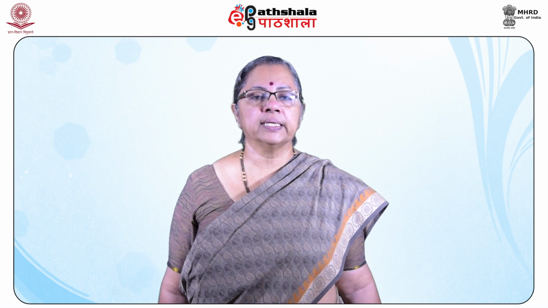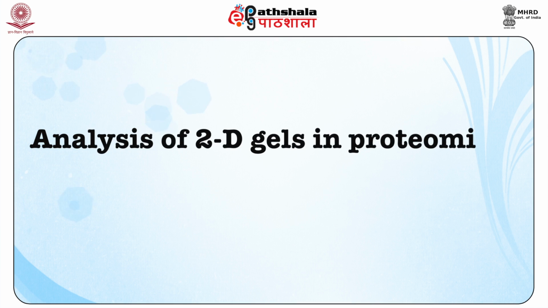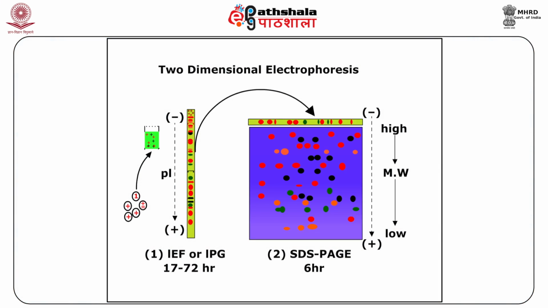Let us now analyze another kind of application which the MS-MS technique can be used for, namely analysis of 2D gels in proteomics. In proteomics research, the entire proteome, namely all proteins made by a cell, is examined under different conditions such as heat stress or any diseased condition.